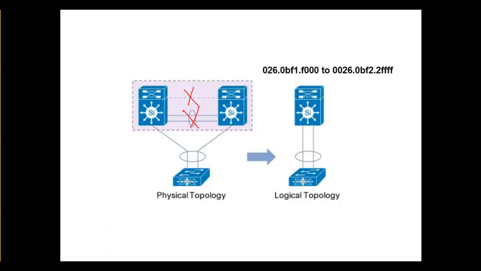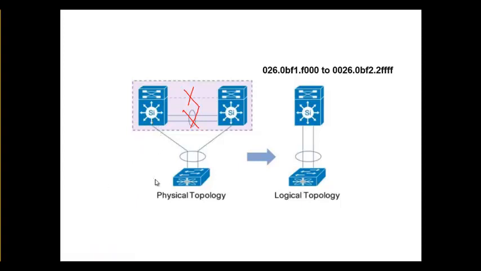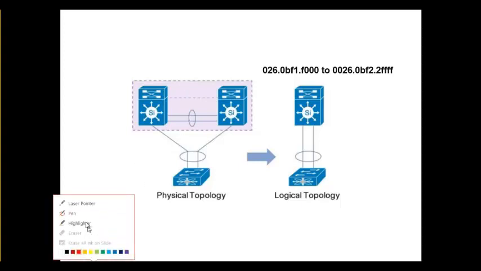So there are special keep alive messages that will be sent as a layer 3 packet between these two switches. This link, as I said earlier, is the keep alive link. There is an ICMP ping going between these two interfaces.